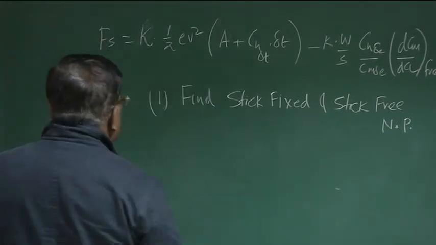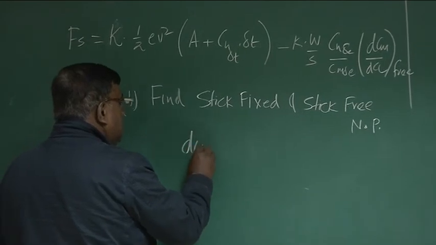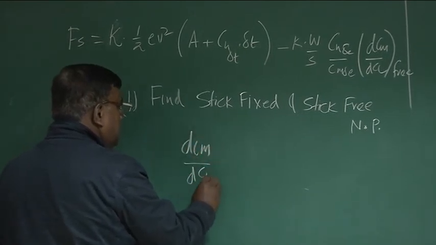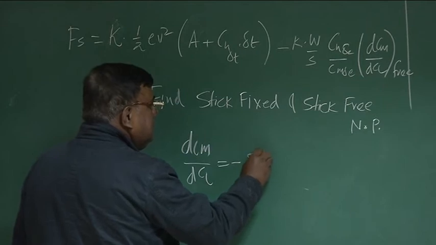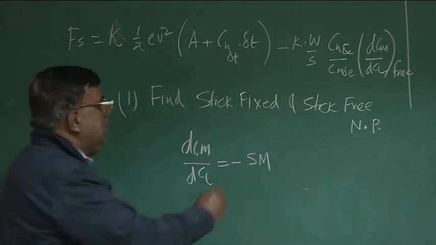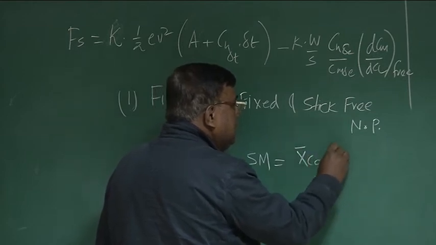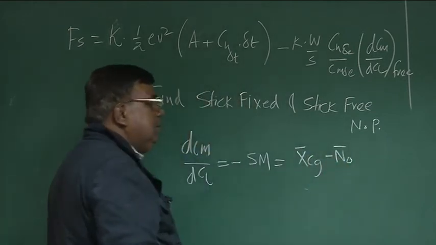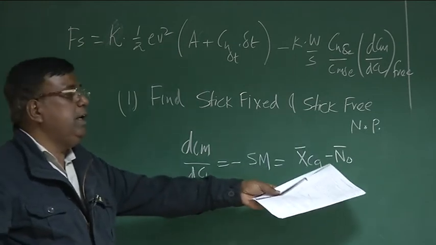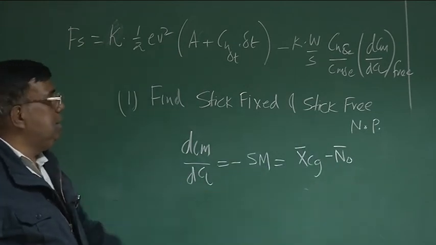You know that dCm by dCl is nothing but minus static margin, which is nothing but xcg bar minus n naught bar, because static margin is n naught bar minus xcg bar, so I have absorbed the minus sign like this.